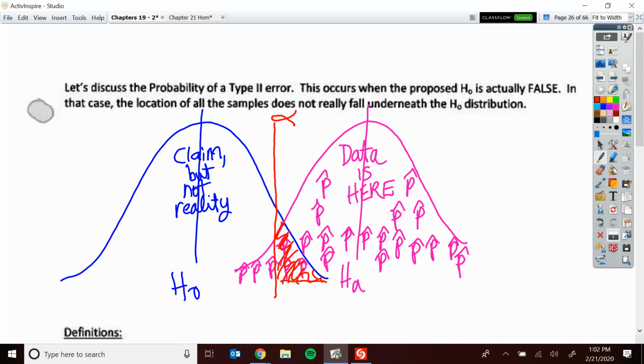So, type 2 error means that we did what? We failed to reject a false null hypothesis. Type 2 error, type 2 error. Why reject the null? So we got a sample that led us to fail to reject the false null hypothesis. I would like for you to think, where are those samples that we failed to reject a false null hypothesis?